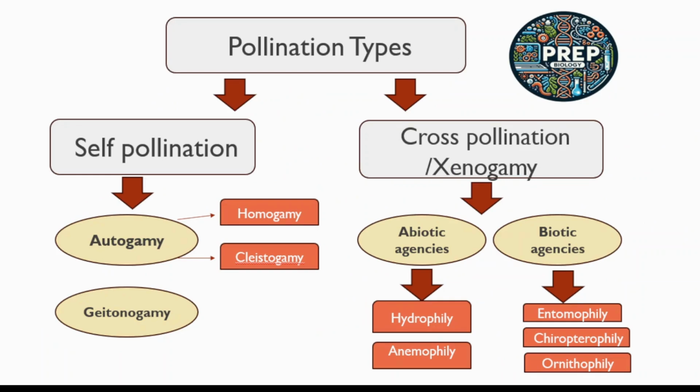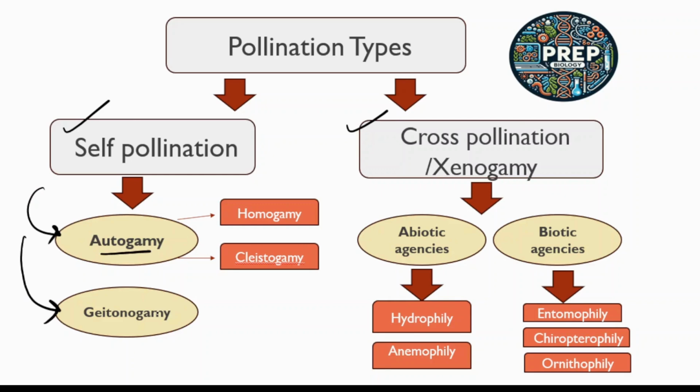Now let's discuss different types. So this is the chart that shows the pollination types. There are broadly 2 types of pollination. First is self-pollination, second is cross-pollination or xenogamy. Under self-pollination we have 2 categories.